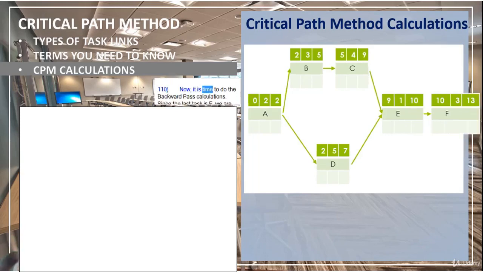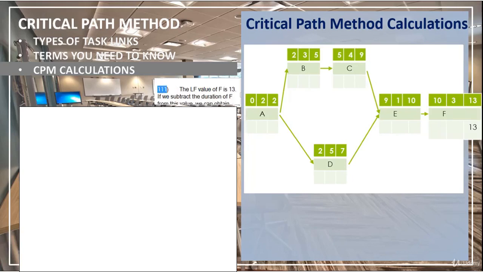Now, it is time to do the backward pass calculations. Since the last task is F, we are writing EF value of F as its LF value. The LF value of F is 13.